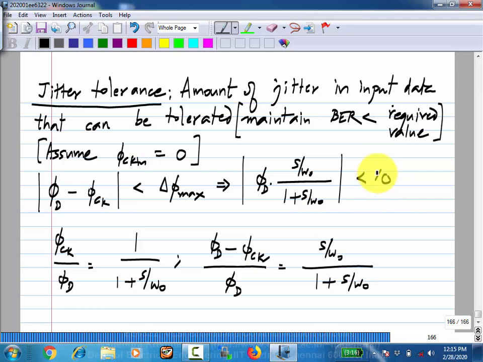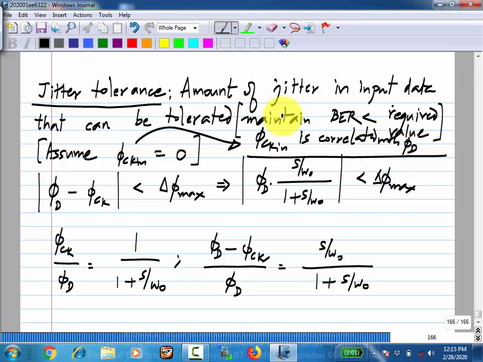Should be less than delta phi max. Okay. So by the way, this assumption, like I said, phi ck in is at least partially correlated with phi d. So this is not quite true, but that's okay. We will see the application of this later.